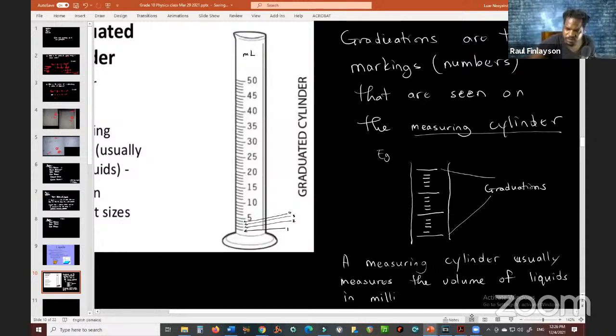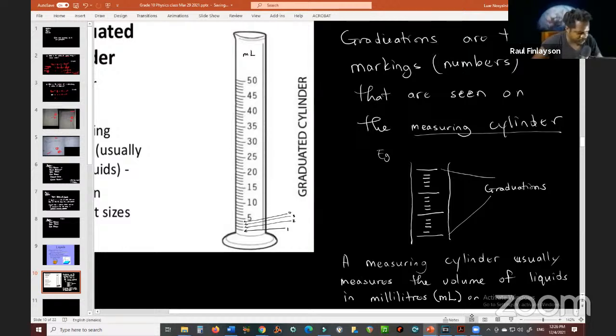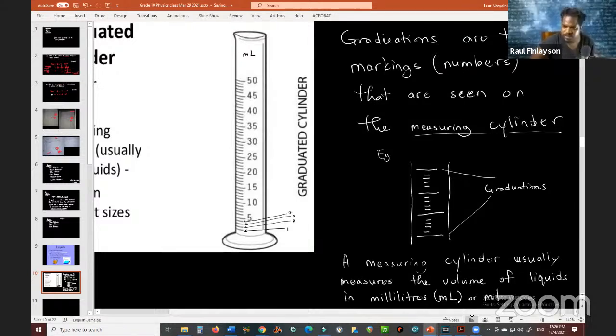So let's write out the word milliliters. All right. Now that's also written as ml. Some people write it as a capital M and a capital L, or ml, or check this out, cm cube.